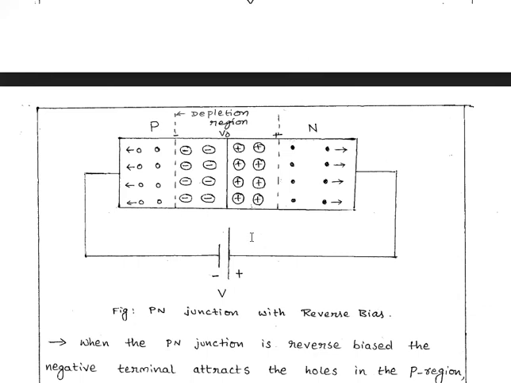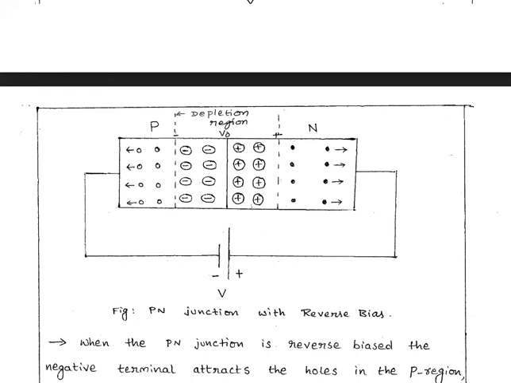Consequently, the minority charge carriers, that is electrons in the P region and holes in the N region, wander over the junction and flow towards their majority charge carriers, giving rise to a small reverse current.